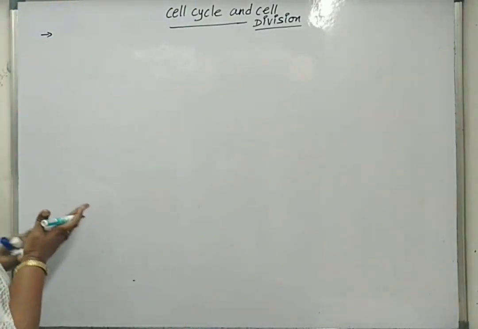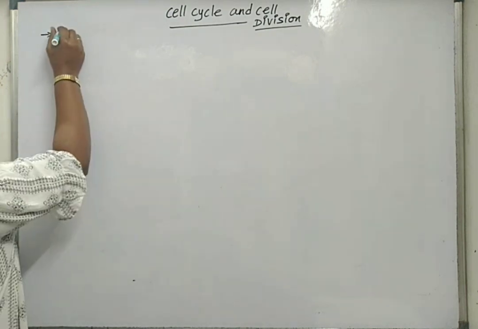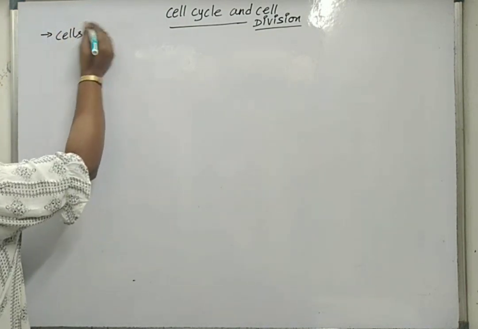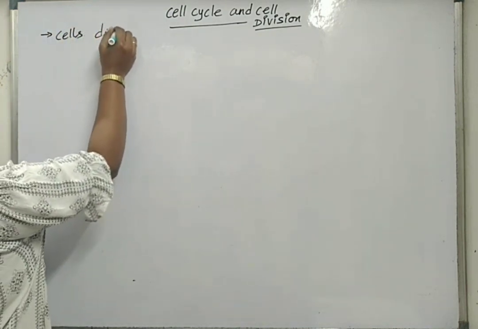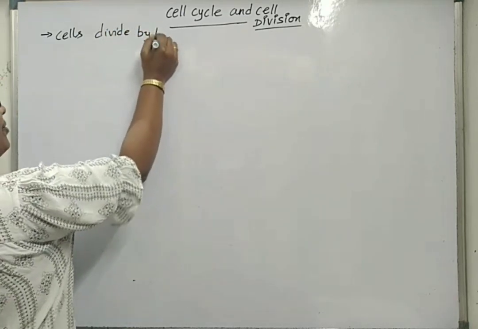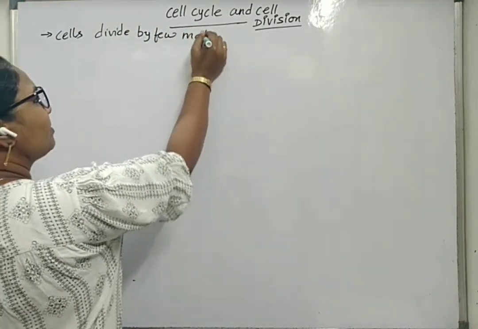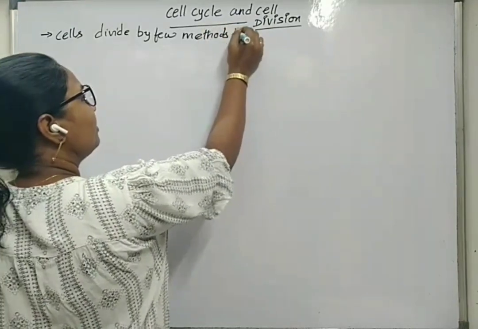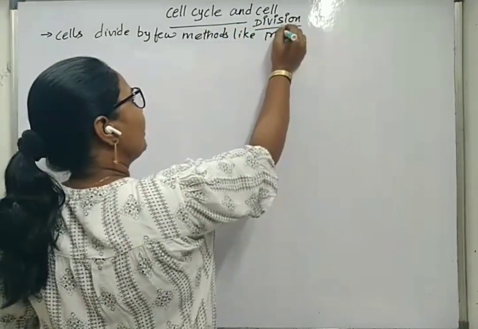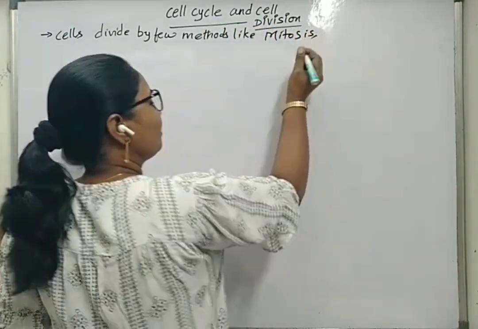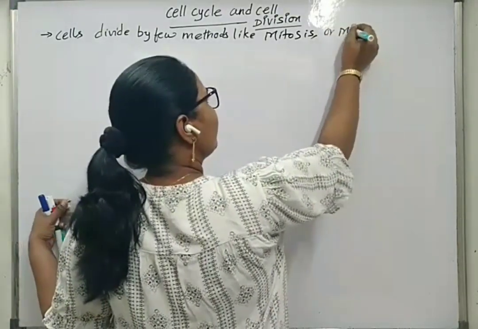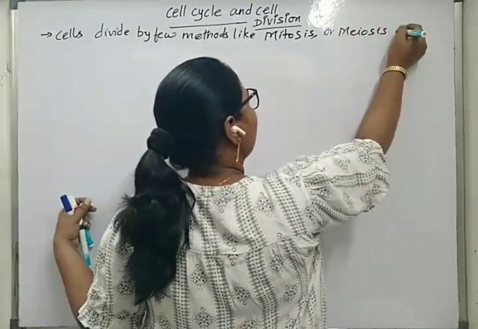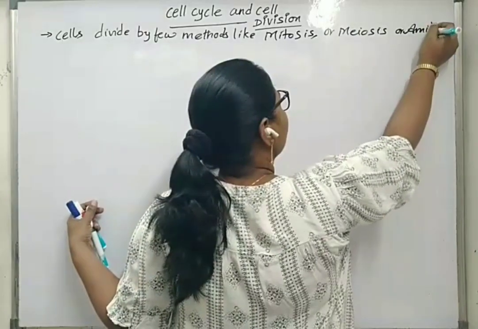So we will start with a few important points. Cells divide by a few methods like mitosis or meiosis or amitosis.